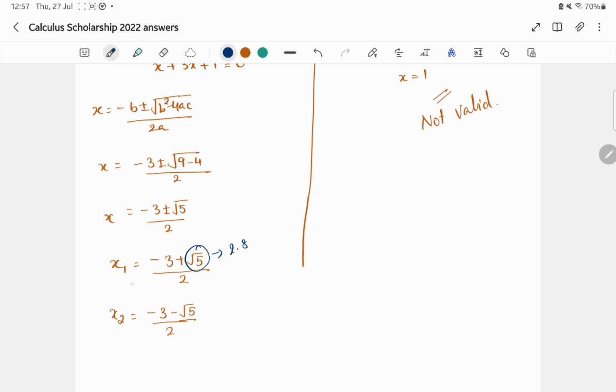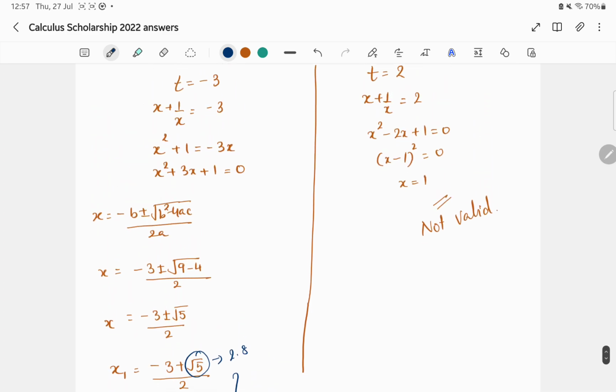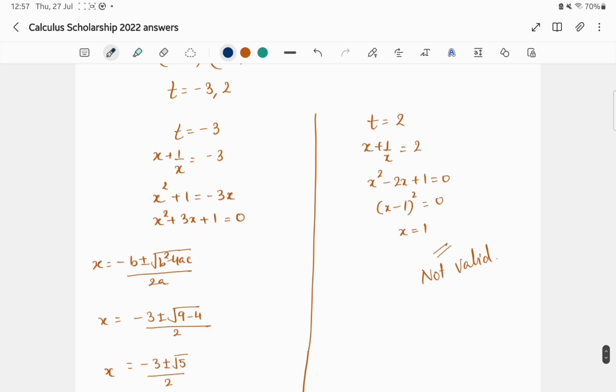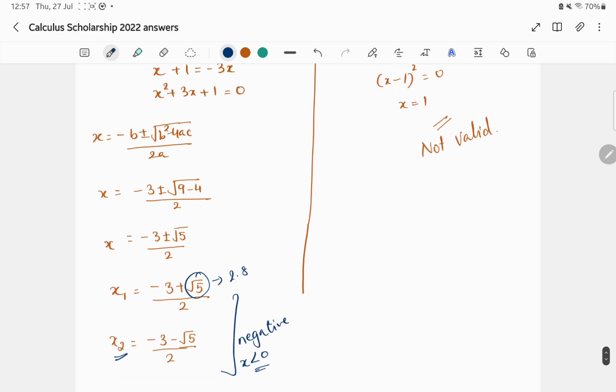And similarly for x2, we will get a negative answer. So that means we are getting our x value less than 0. So this one is valid. So we will use t is equal to minus 3 as our solution further when we go.